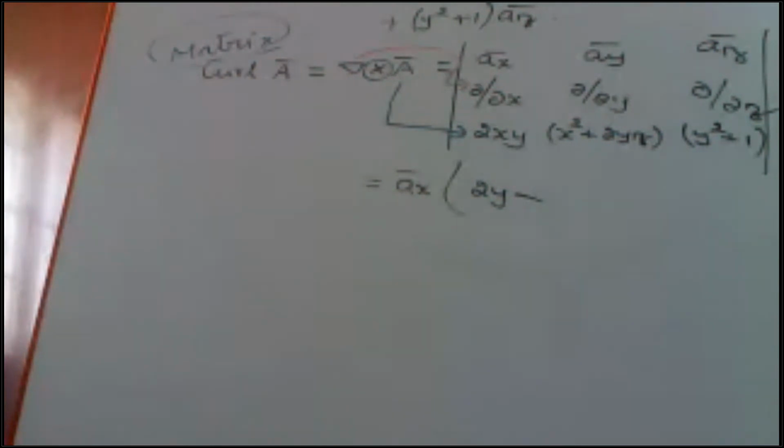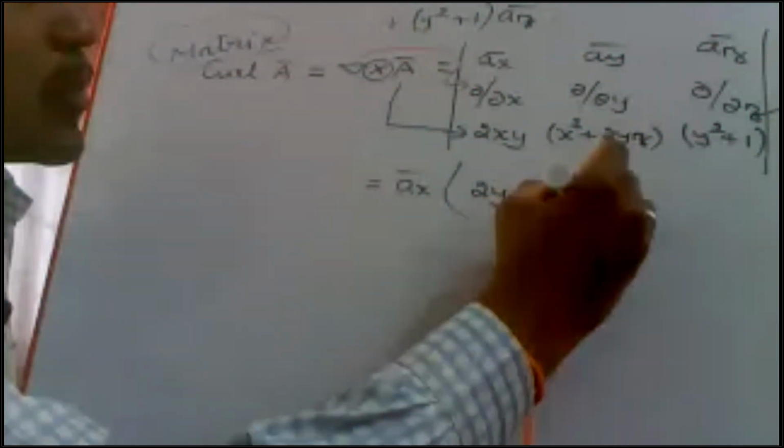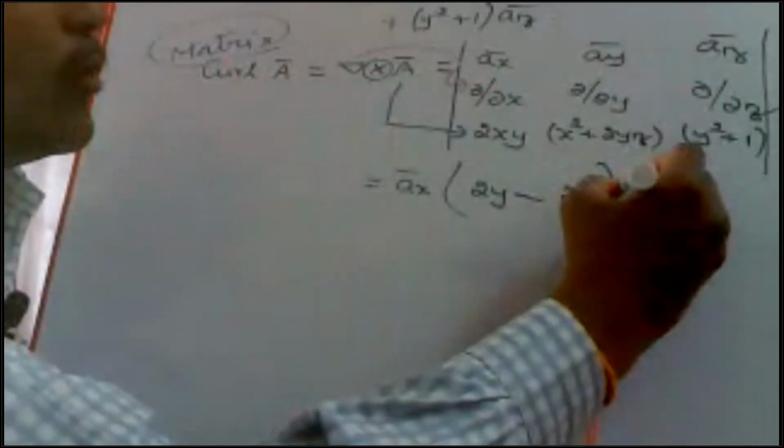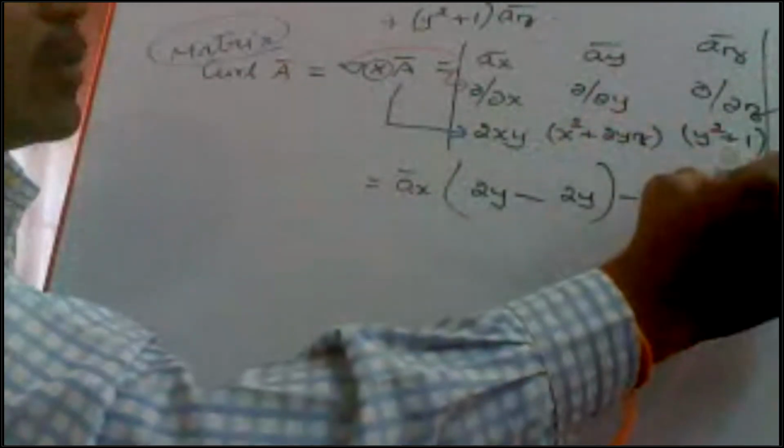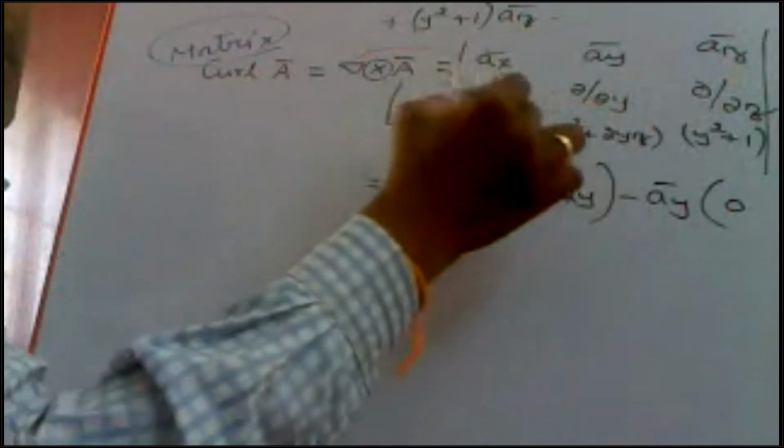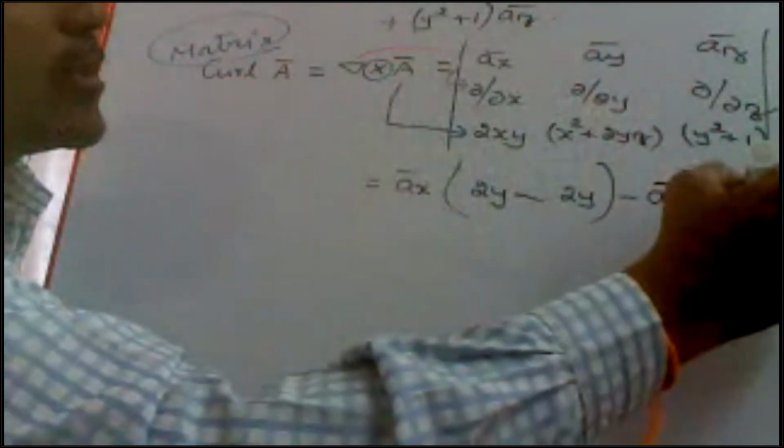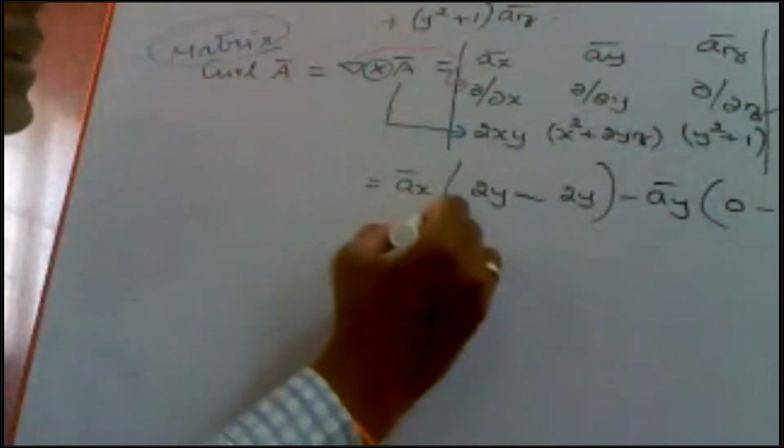Again 2y. Very good. Then you go for a_y, minus a_y vector into ∂/∂x of this term. Here the x term is not available, so I am going to get 0. ∂/∂z of the term: here there is no z term, so this is also going to be 0.